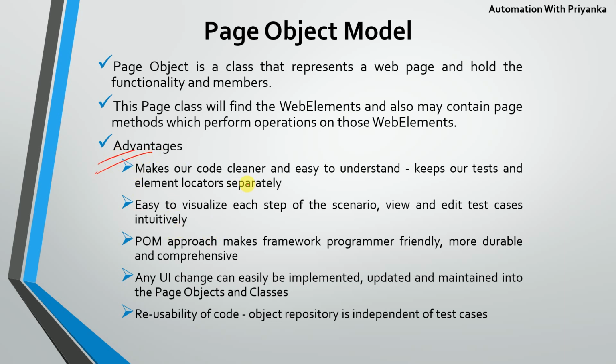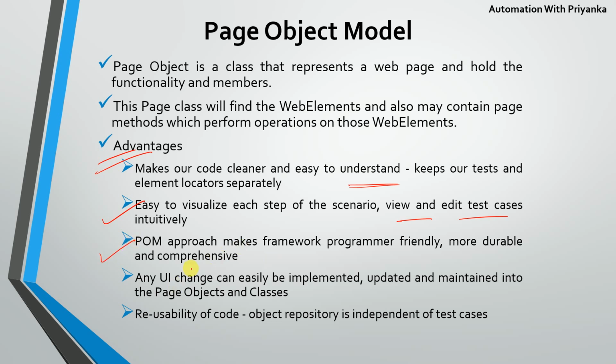It makes our code cleaner and easy to understand. You can easily maintain your code because every locator method is separately available in one particular class, and test cases are separately maintained. So it is easy to utilize each step of a scenario. You are able to view and edit the test cases whenever required.